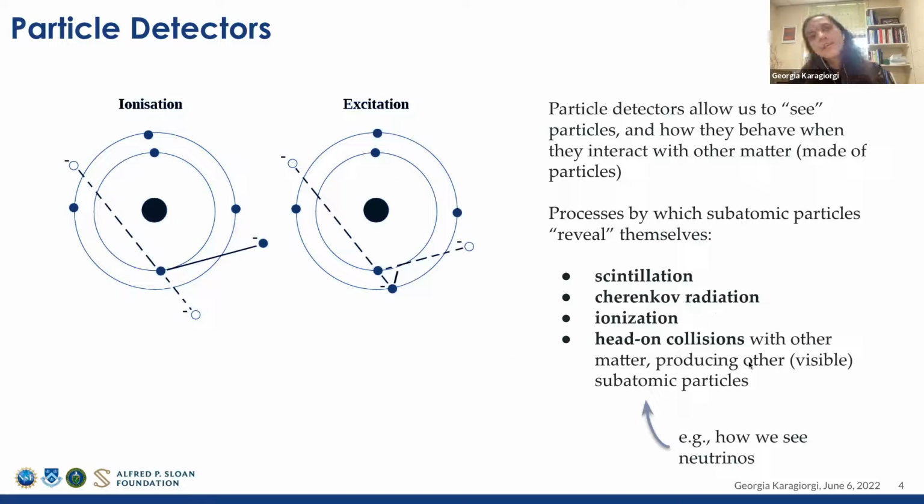And this particular way of detecting particles is how we can actually study neutral particles, which cannot ionize and cannot excite as they travel through a medium, but every once in a while they can have a hard head-on collision with an atomic nucleus, for example, producing lots of other charged particles, which are then visible in our detector.